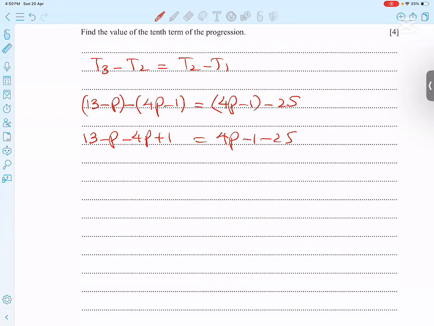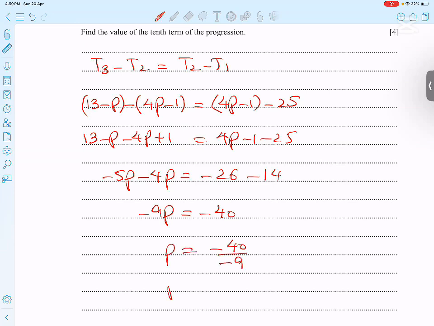And I think this is negative 5p, 4p comes to this side, and negative 26, and this is a 14. 14 goes there, becomes negative. Negative 9p, and negative 40. And while dividing by 9, the sign never changes. And we get p is equal to 40 over 9.